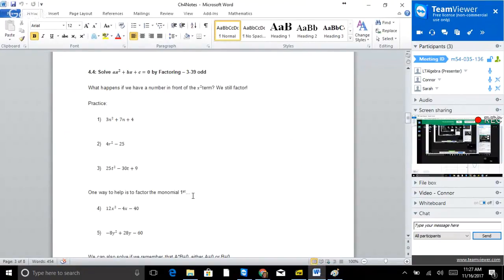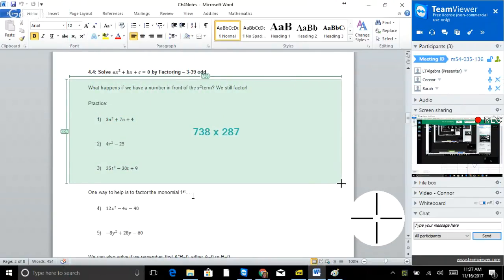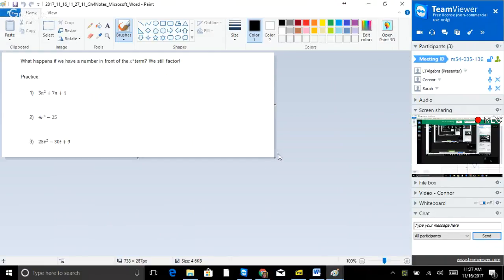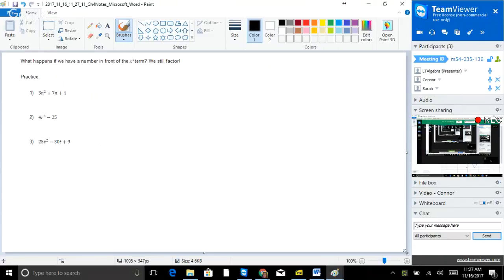So 4.4. Do you guys have 4.4 in your notes, by the way? Okay. So 4.4 is the same as 4.3, except a little bit harder. If you did your 4.3 homework yet, a lot of the problems are practice factoring.